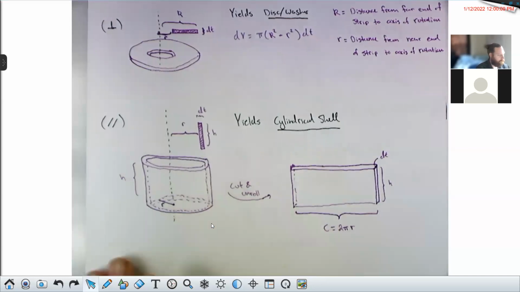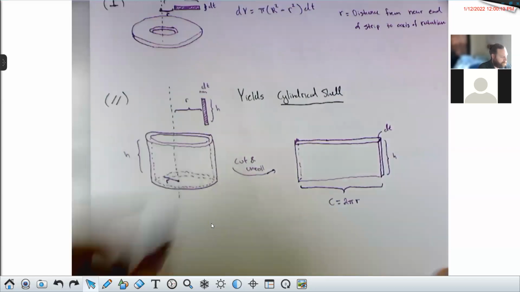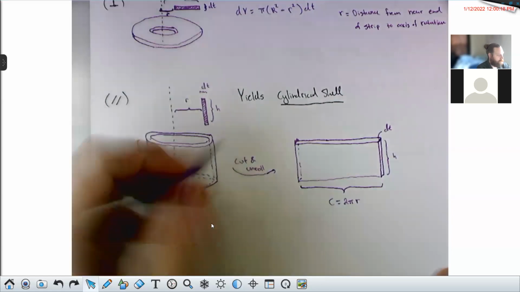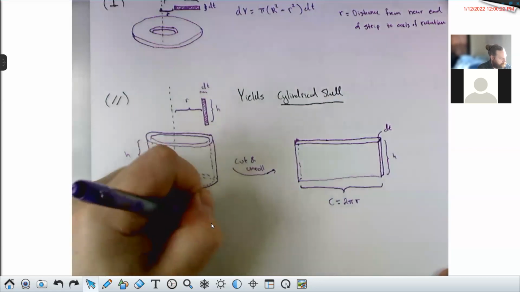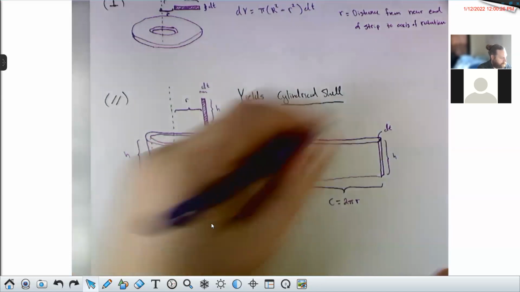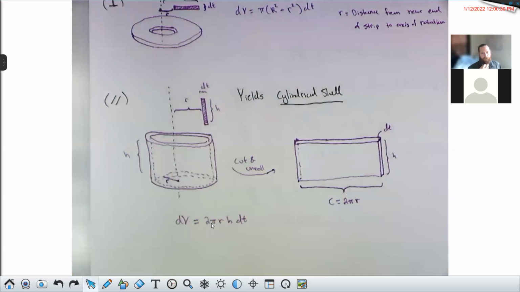So what that means is that dV, the volume of this cylindrical shell, the thing that we would need to integrate to get the volume of our solid, is the length times the width times the height, which is 2 pi r times the height times that thickness, which is dt, either dx or dy, depending on the problem.